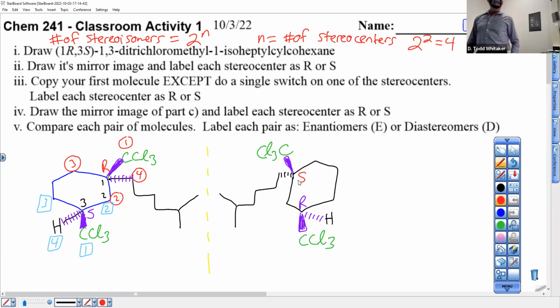So your four possibilities are, with stereocenter 1 being listed first and stereocenter 3 being listed second, we've got two of them. We got RS and SR. I think the only two we're missing are SS and RR, and then you're out of possibilities, right?